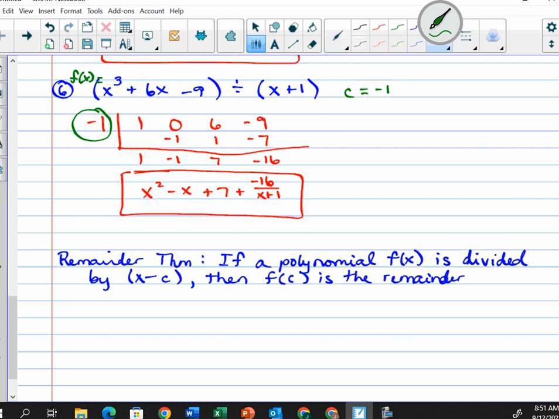So if I found f of negative 1, meaning I plug that in, negative 1 cubed plus 6 times negative 1 minus 9. You see how I get negative 16, which was the remainder? It's a nice way to check that you did the problem right. That's what the remainder theorem is telling us.